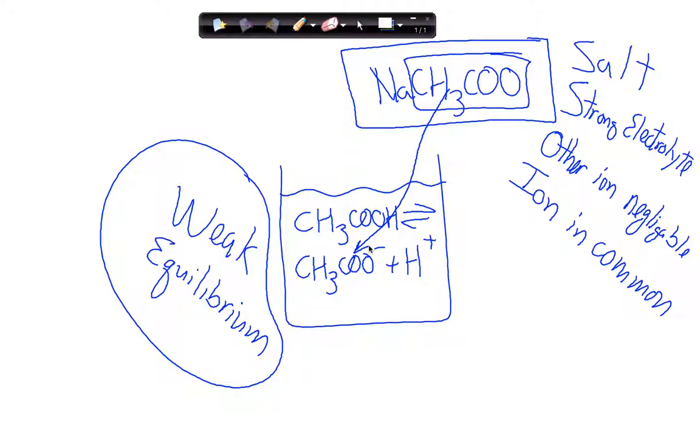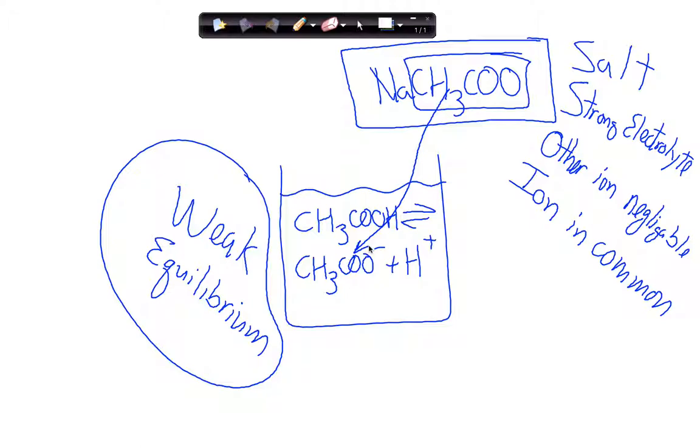Yeah, so let's make it into, so what is the common ion effect? The common ion effect is the change that takes place when you add a salt that has a common ion with a weak electrolyte. And the effect that you're creating is you're shifting that weak equilibrium to the left.